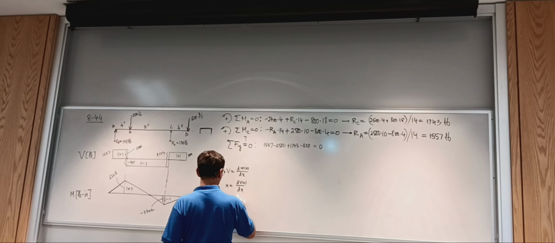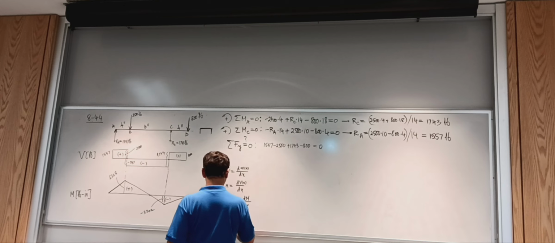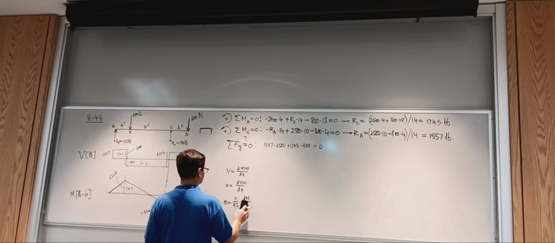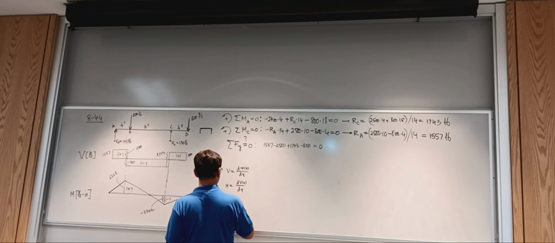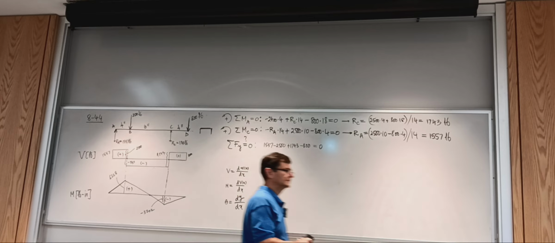Theta is 1 over EI times dM over dx. Am I saying the right thing? No, it is not. So M is dV over dx. Theta is, and then no, theta is dy over dx. And I got stuck. So what are the equations?